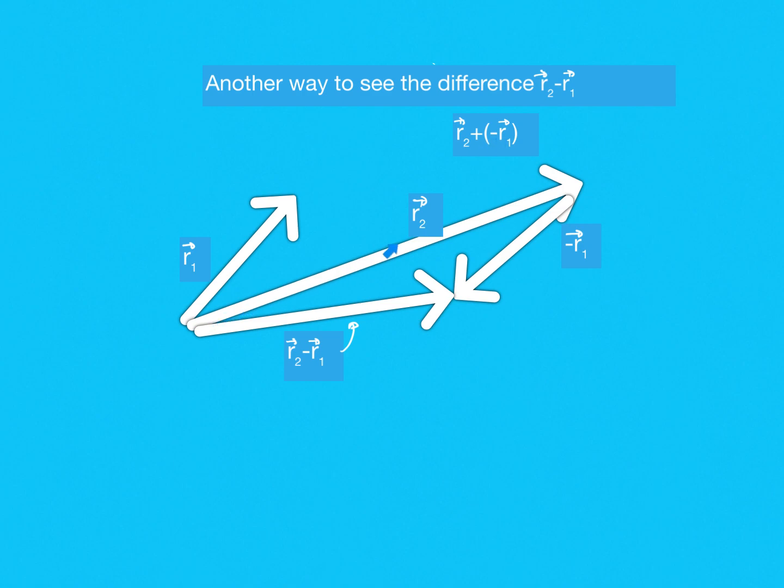What will be this vector R2 plus this vector minus R1? It will be this one. This one is R2 minus R1. So this vector R2 minus R1, by the way, is the same vector as this one, and this one. It's the same vector. Okay.